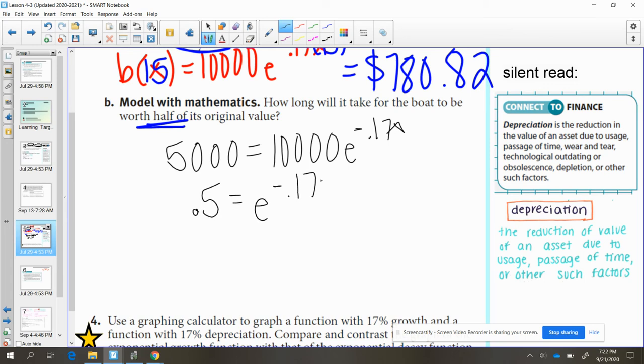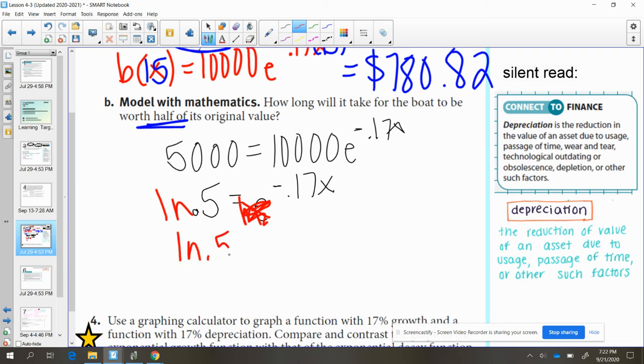And again, we're going to work more with this, but to undo this base of e, we're not going to use our common log, we're going to use the natural log. And what's going to happen here is these are going to kind of cancel out, if you will, these two here, and we're just left with that exponent.